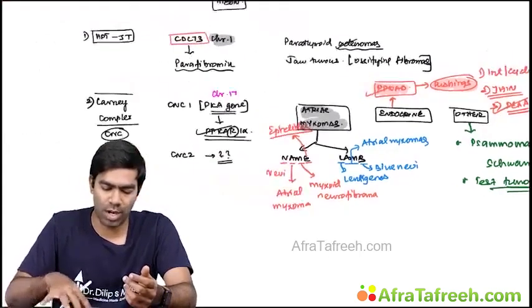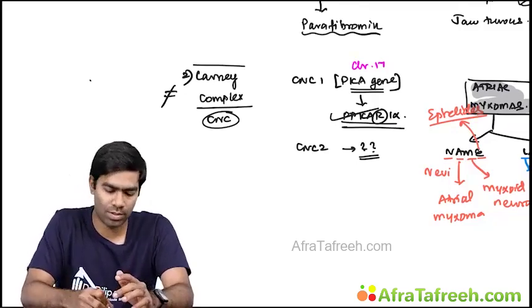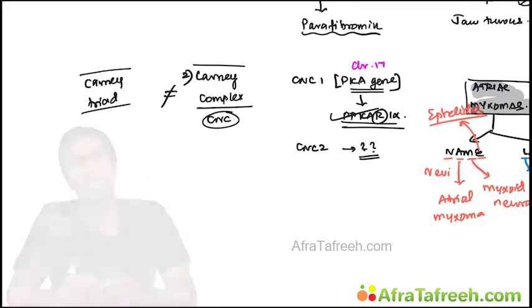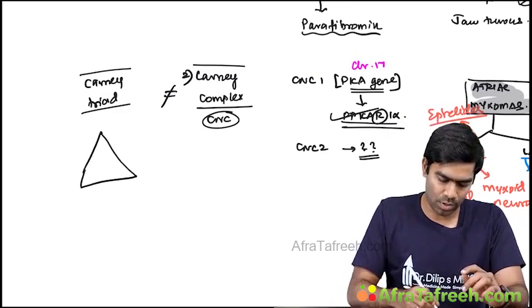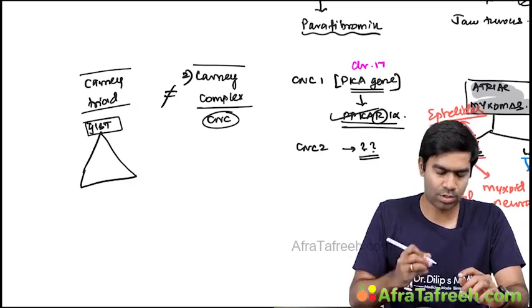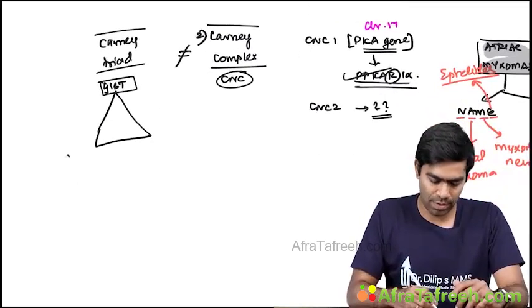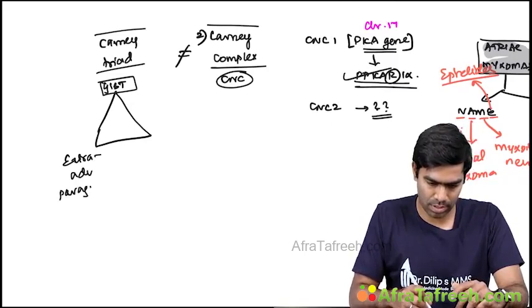But you also have to remember this Carney complex is never equivalent to something called the Carney triad. So remember simultaneously, Carney triad is a completely different entity and it is not going to be anywhere near the Carney complex. What is Carney triad? It has three tumors. One is called a GIST, a gastrointestinal stromal tumor. We know that. We'll discuss later on in the GIT section. And you're going to have extra-adrenal paragangliomas.